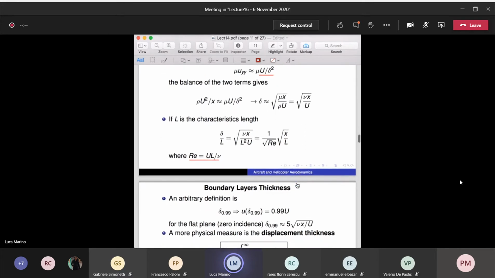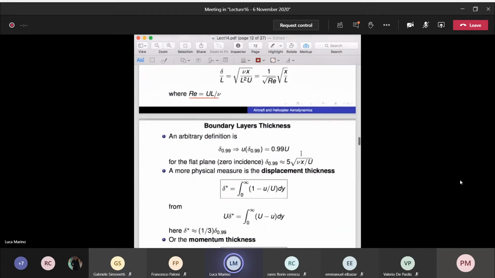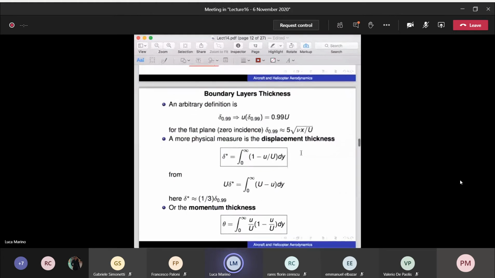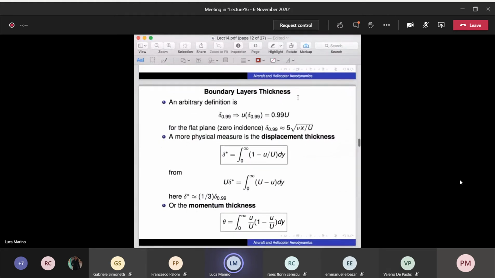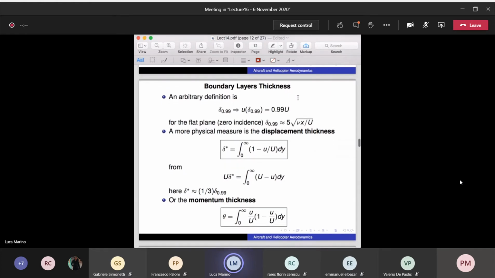So before discussing the equations, I'd like to introduce the different ways to define the thickness of this boundary layer. Usually you will find in almost all the books that one possible definition is the distance from the wall where you reach 99% of the external velocity.